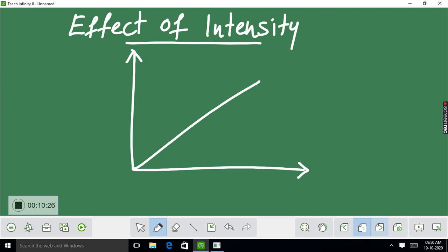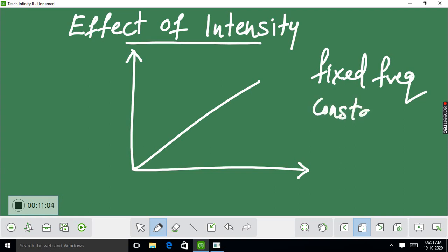So maintain the collector at a definite positive potential with respect to emitter by adjusting the potential divider, using incident radiations of different intensity and having a fixed frequency. We use incident radiations of fixed frequency, and we maintain a constant potential between emitter and collector.